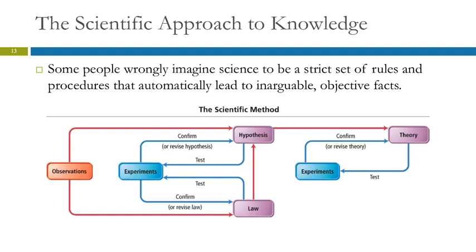So this is a flow chart representing the scientific method. It's not a linear process, it's a very circular process. Typically you start with an observation that leads to a hypothesis, like observing the plants that one was taller and one was shorter. And then you ask yourself why.